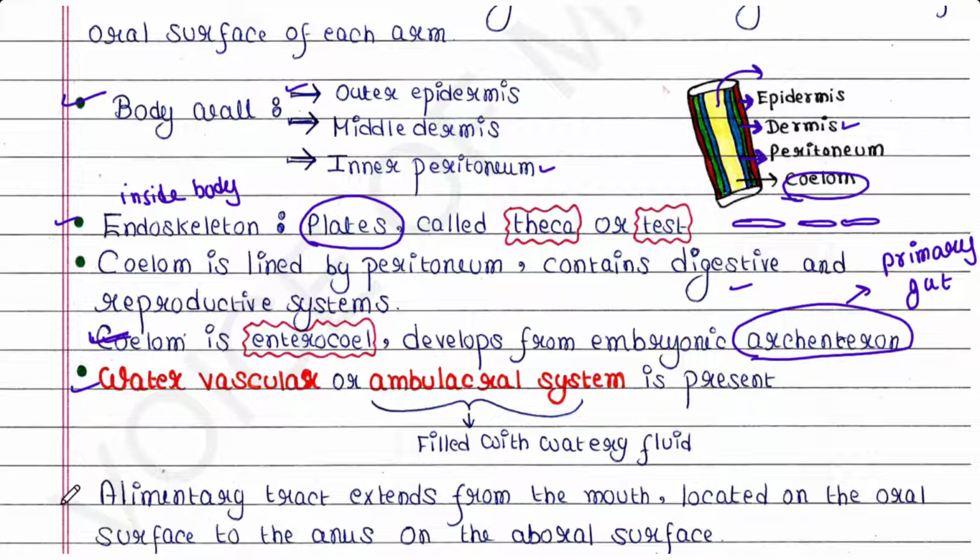Alimentary tract extends from mouth and it is located on the oral surface and it runs till the anus of the aboral surface. So mouth is definitely present in the oral surface of the body and anus is present in the aboral surface of the body. And from mouth to anus, the alimentary tract is running here.